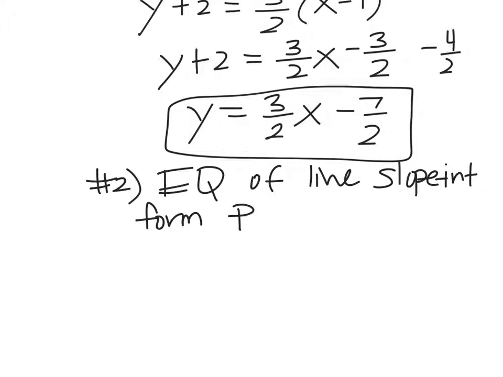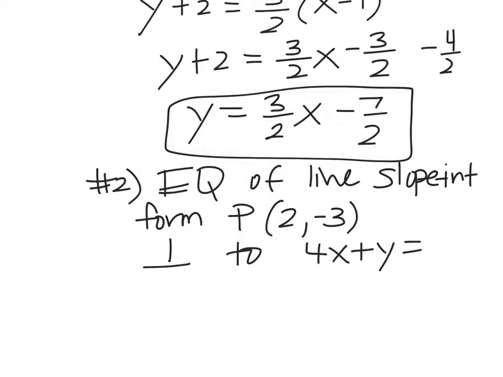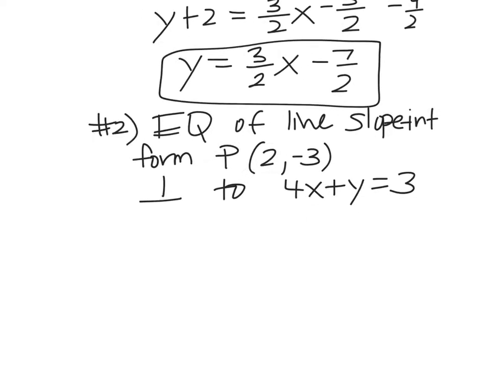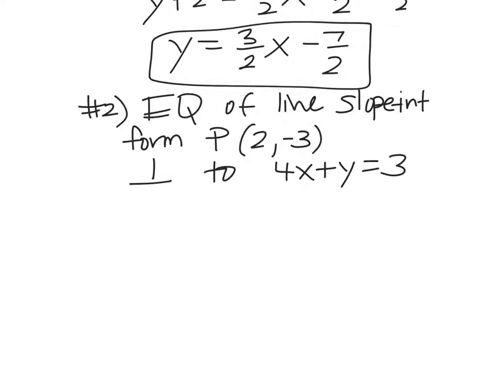The point is (2, -3). And this time, we're going to be perpendicular to 4x plus y equals 3. Find the equation of the line in slope-intercept form, goes through the point (2, -3). This time we're perpendicular. Okay? Same idea, same type of problem.